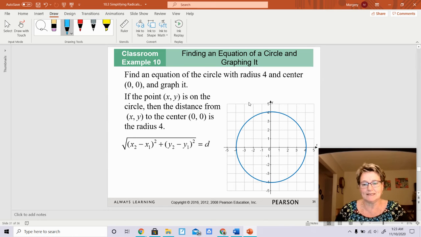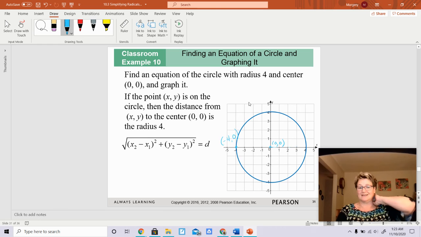So what that means is this is 0, 0, and this is 4, this is 4, this is 4, and this is 4. It's the distance. So we have this point, which is 0, 0. And then we have a point like this, which would be negative 4, 0. So you can choose any distance that you want to. It does not matter.